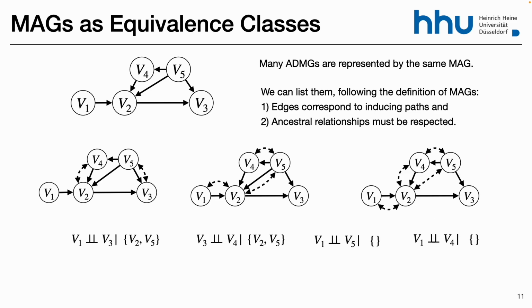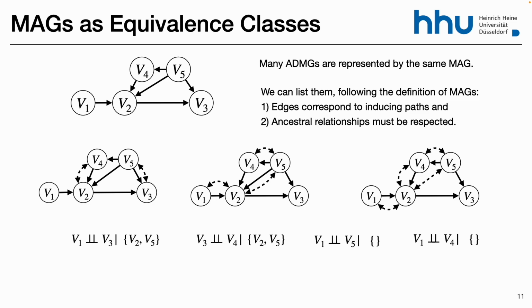So you can see that they are always going to have the same set of implied conditional dependencies because of where they started from. The goal of a MAG is to be a representation that encodes exactly the same conditional dependencies as an ADMG. So all the ADMGs derived from a MAG are of course going to have the same conditional dependencies as the original one we started with, right?